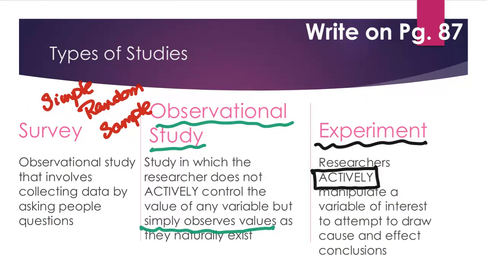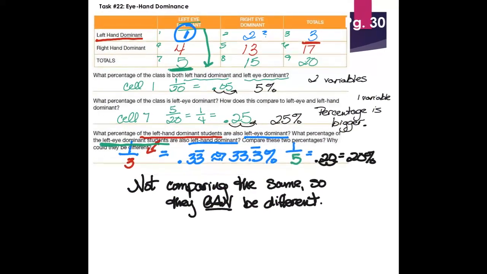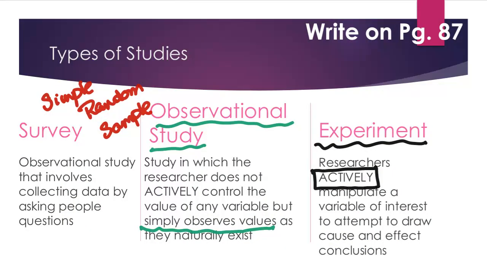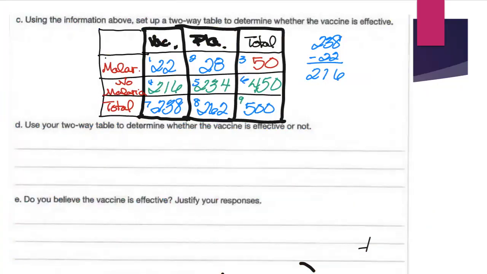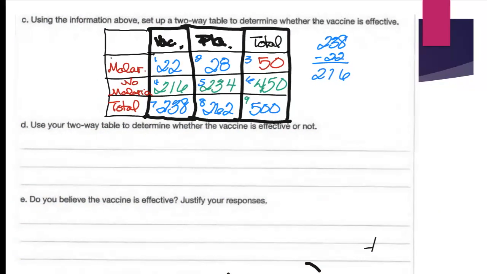Didn't we use something earlier where we talked about percentages? So we might need to look at some percentages for some of these answers. How can we tell whether the vaccine is effective or not? What would you suggest that we find?